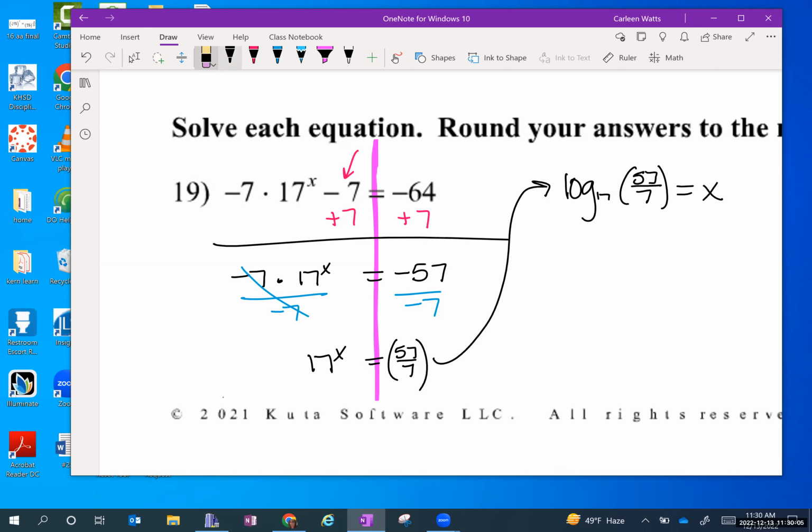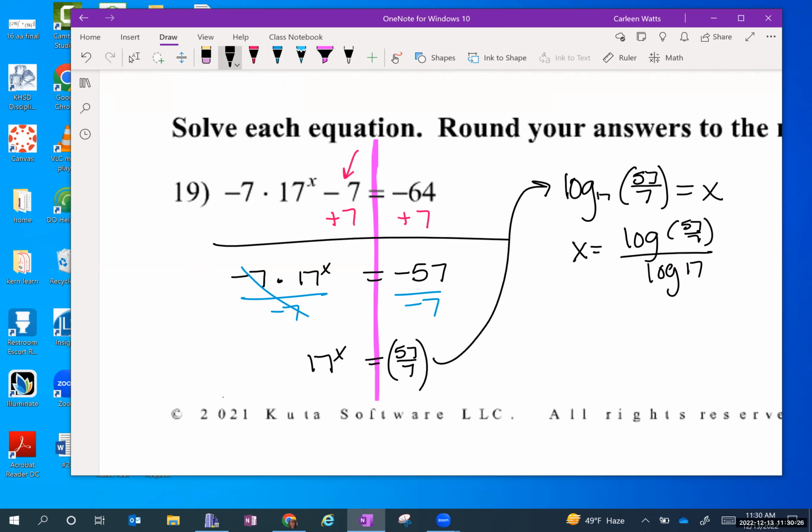Oh my goodness, still doesn't look like 17. Okay, now we want to plug this into the calculator. Log of the answer divided by log of the base.